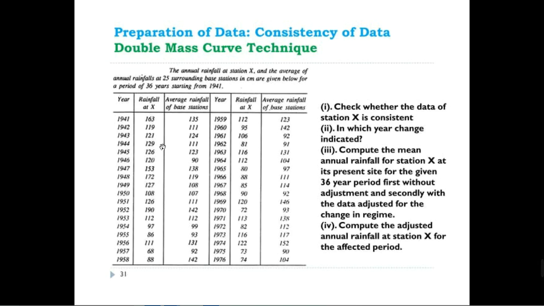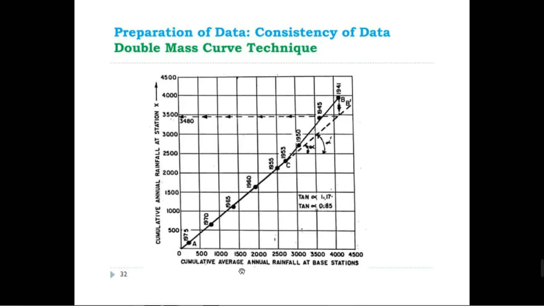So you can add here, add here. This is the cumulative method for the rainfall at the base stations. So you can understand the accumulate average method. You can add that and draw the graph. This is 1975.